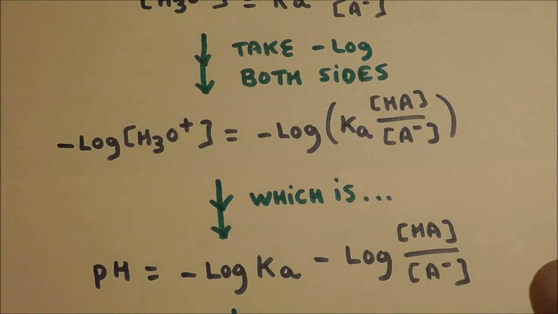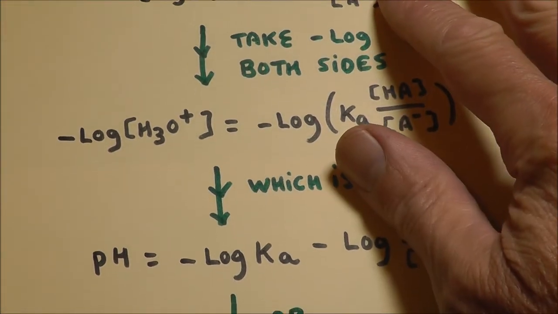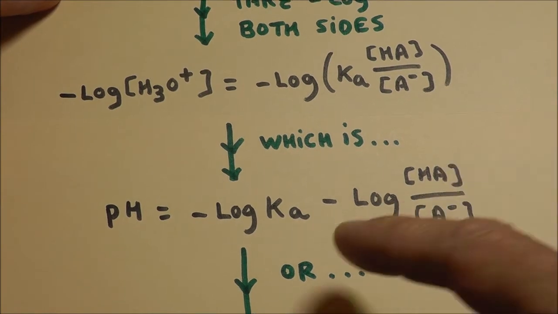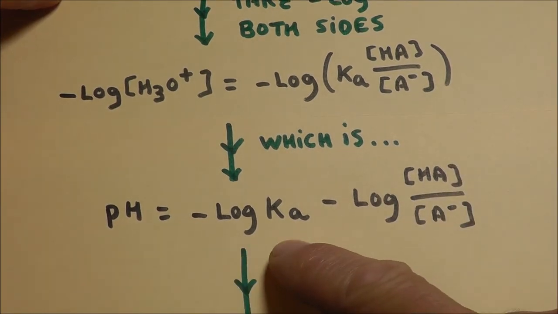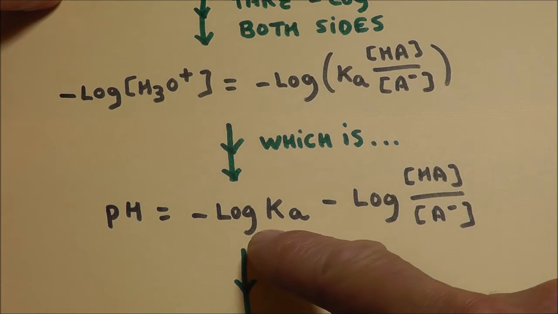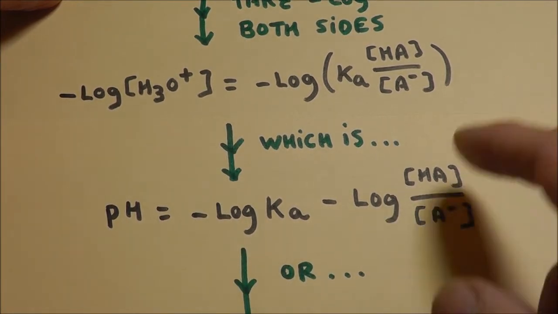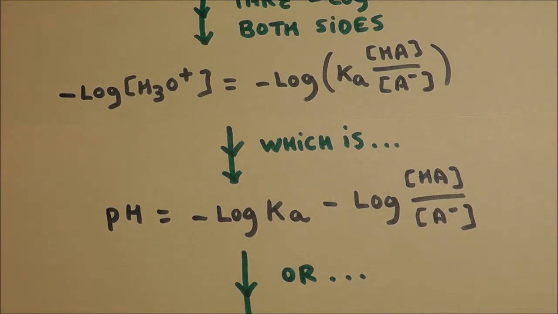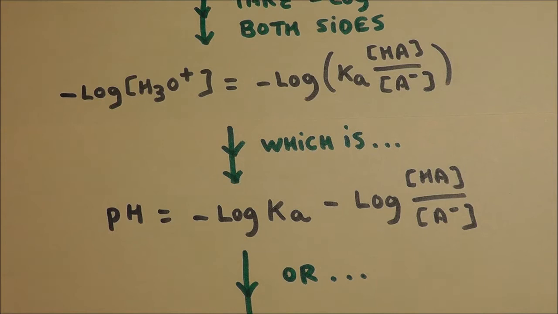That's part of the rules, and now, of course, minus log of H3O+ is pH. And minus log of Ka is a p function, and this one is called the pKa. If you take biology, they talk about that a lot. It's one way to quickly, with a very simple number, say what the strength of an acid is.